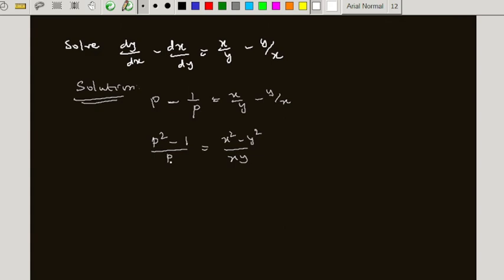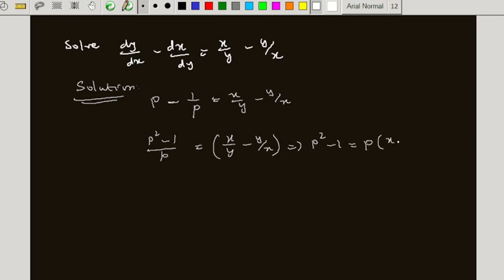So we cross multiply this one, we write this as p square minus 1 equal to x square minus y square dividing by x into y into p, and this one we write as it is. And here we cross multiply this one, we get p square minus 1 equal to p into x by y minus y by x.